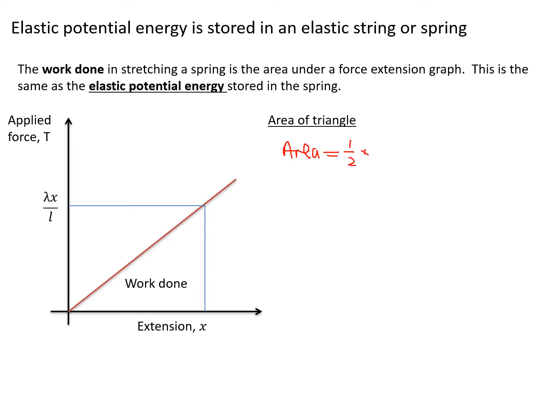So the half times the base, which is x, times the height, which is lambda x over L. So that gives us lambda x squared over 2L. So that is the formula for work done.